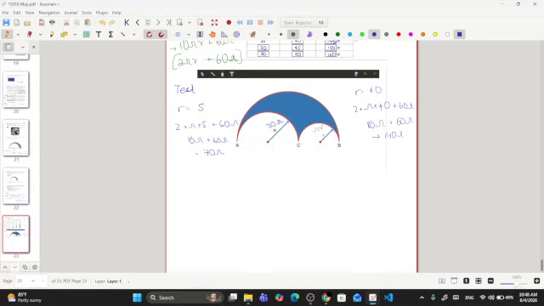So if I want to find the value of the total diameter from A to B, what is it going to be?